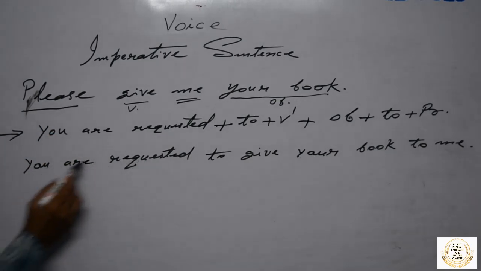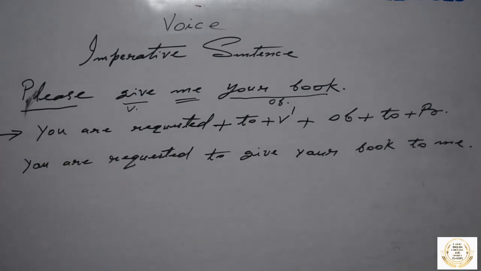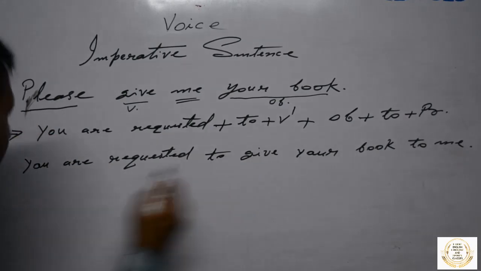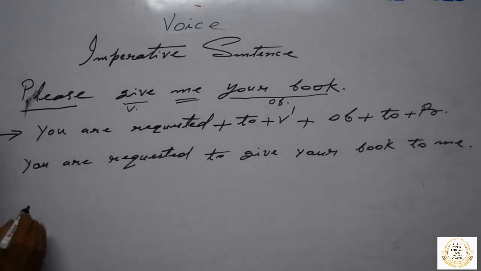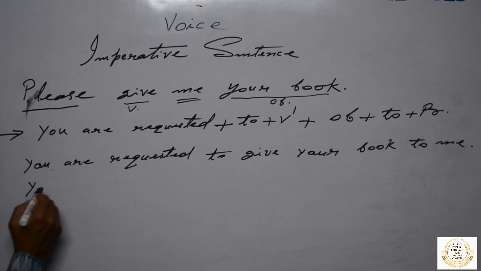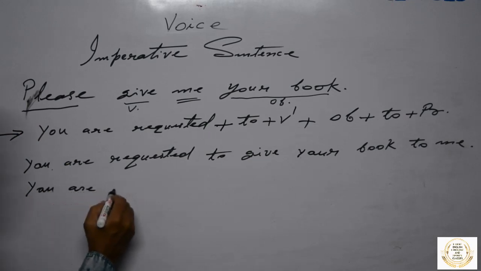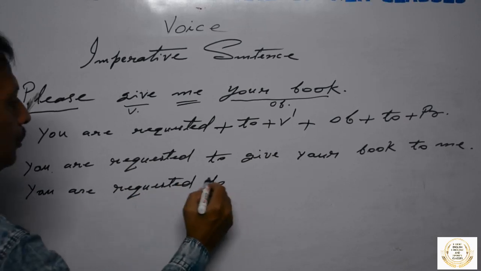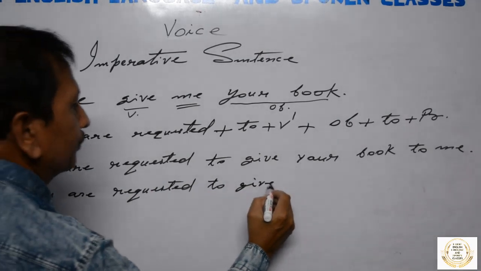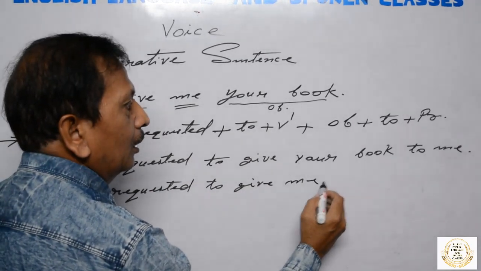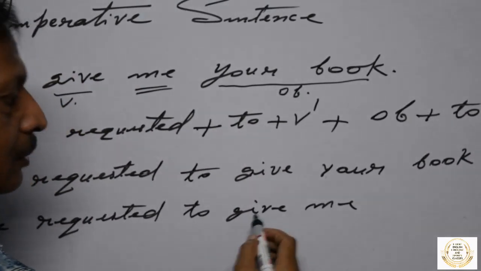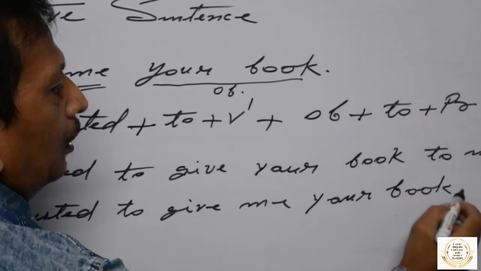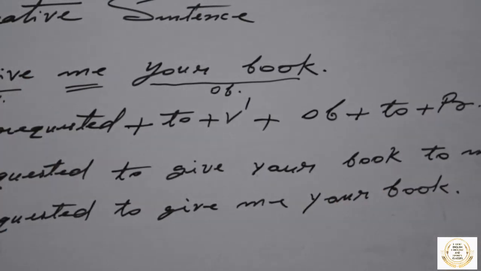You have seen here. Okay. The word requested gives the idea of please. Therefore, it is not necessary to rewrite it in the passive. This passive voice can also be written like this: you are requested to give me your book. This me, you can use after the verb, give me your book. In this form also it is okay, you can write.